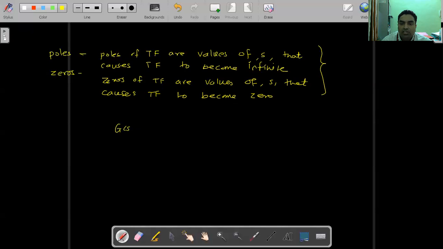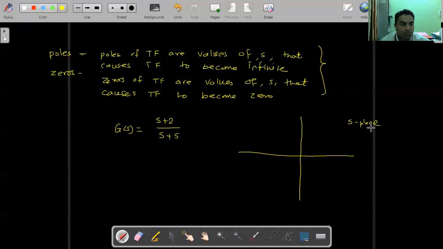Suppose I take G(s) equal to (s plus 2) divided by (s plus 5). If this is the transfer function that I have, then I can indicate this in the s plane. This is called the s plane, and here I'm indicating the real axis sigma and the imaginary axis j omega.